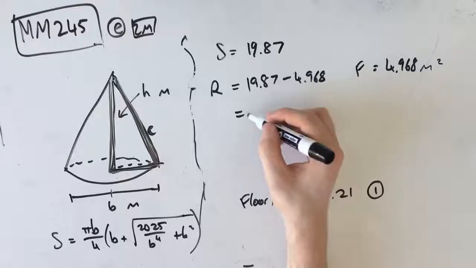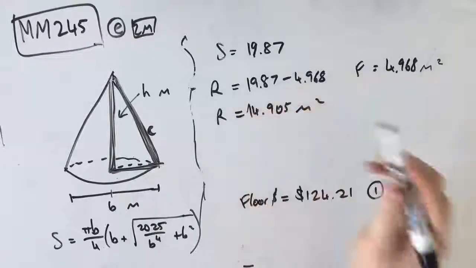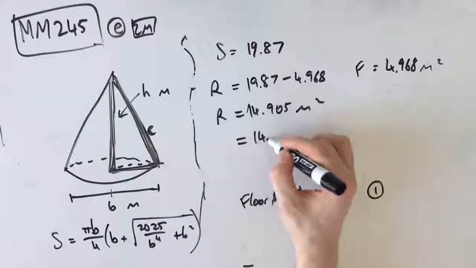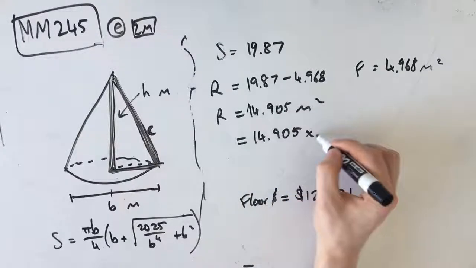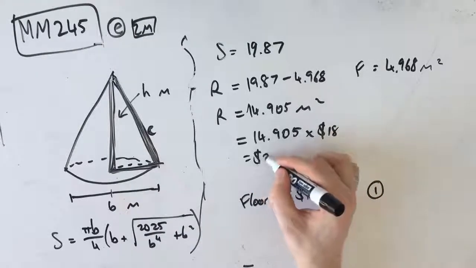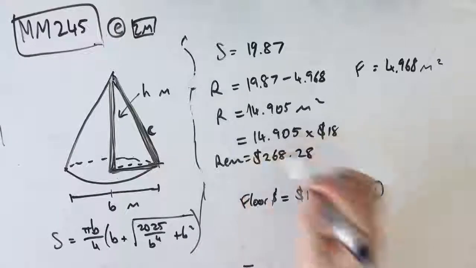This gives us 14.905 meters squared, which is the remainder. And we know that the remainder costs $18 per square meter. So 14.905 times $18 is equal to 268.28. So this is our remainder.